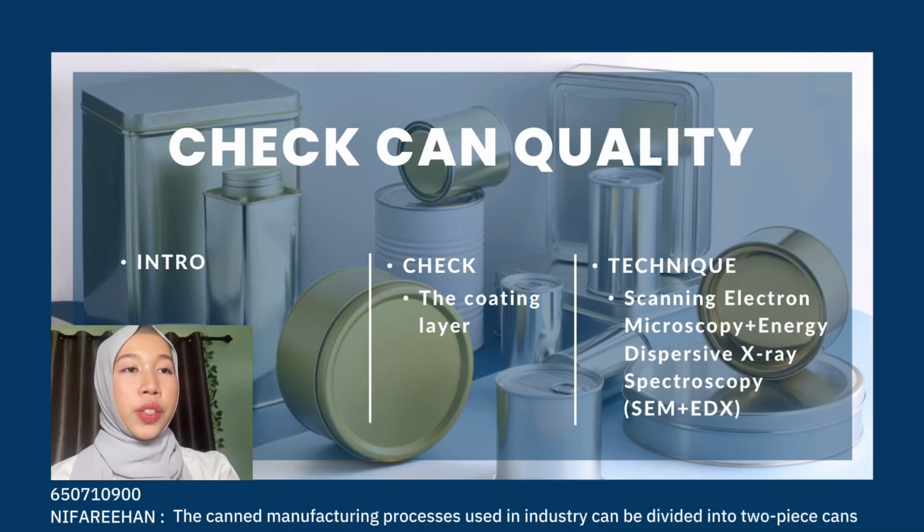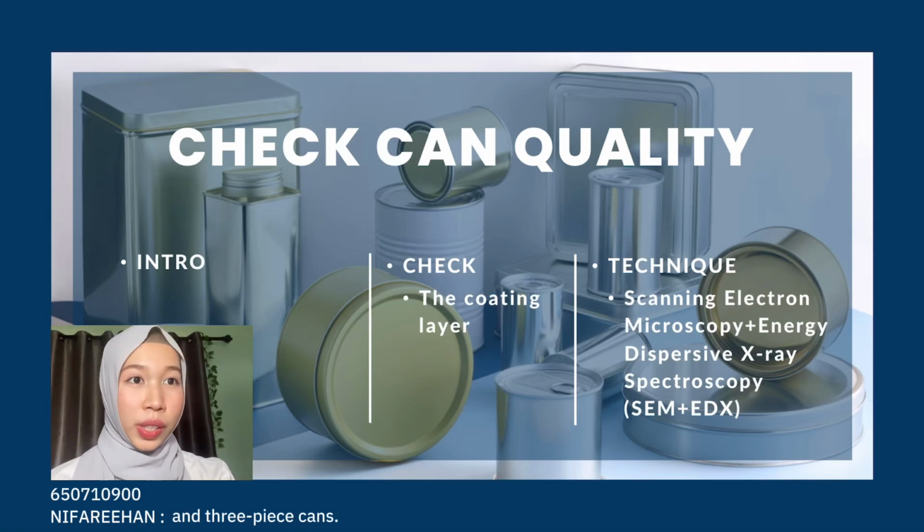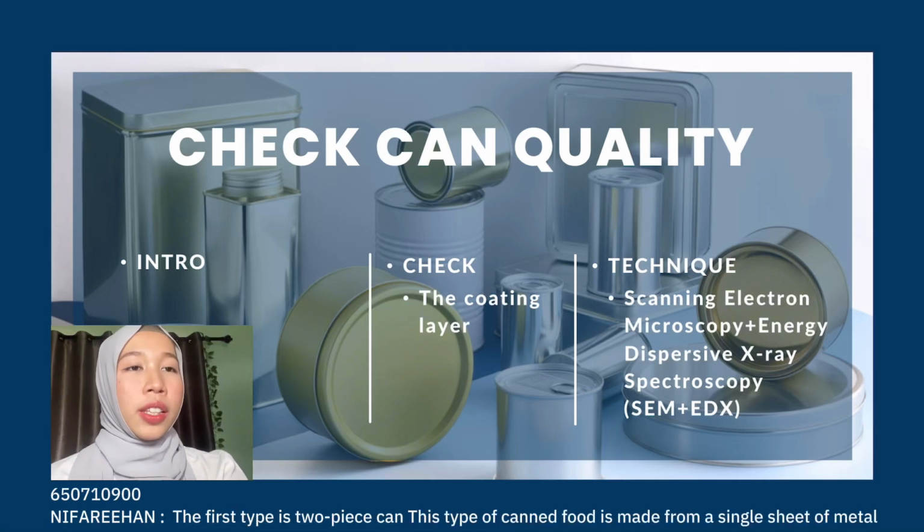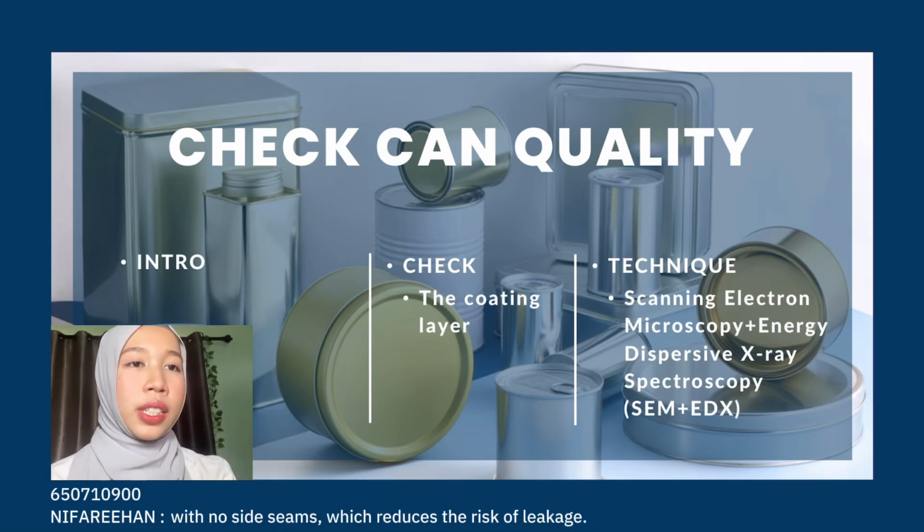The can manufacturing process used in industry can be divided into 2-piece cans and 3-piece cans. The first type is 2-piece cans. This type of can is made from a single sheet of metal with no side seams, which reduces the risk of leakage.